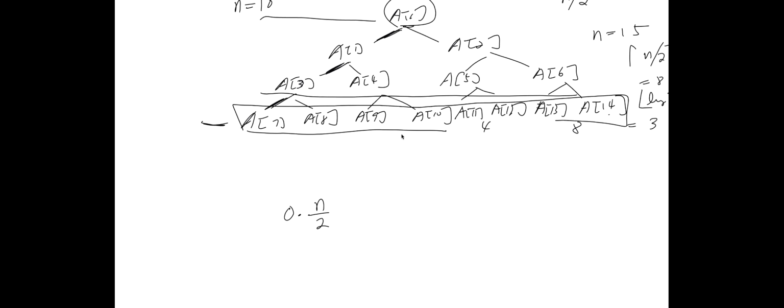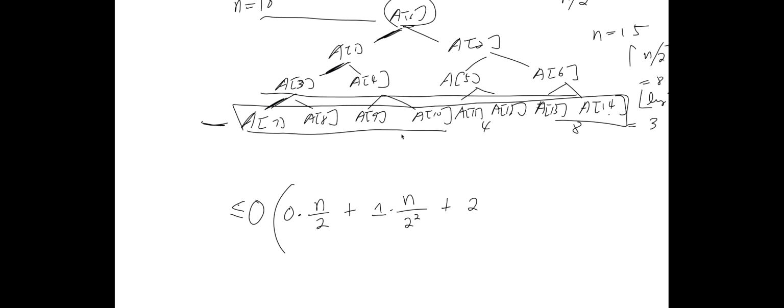At the upper level, you have n over 2 to the 2 many nodes. In that case the level is 1, so this is at most a big O.